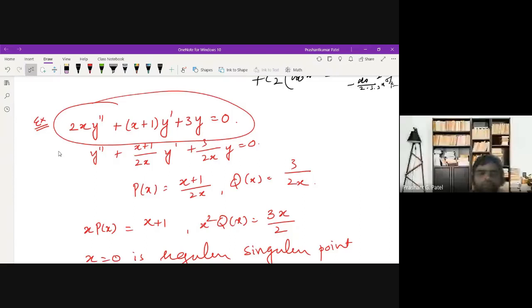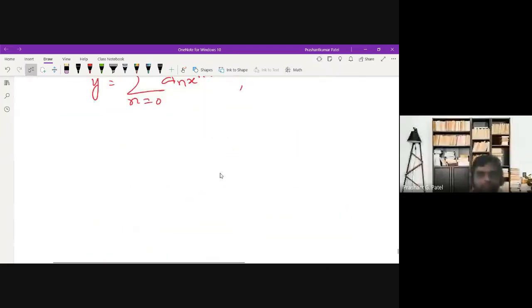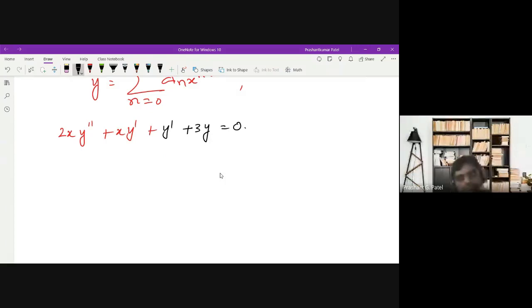The given differential equation I can rewrite as 2xy double dash plus xy dash plus y dash plus 3y equal to 0.